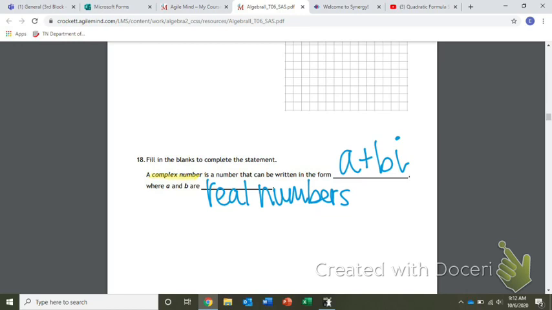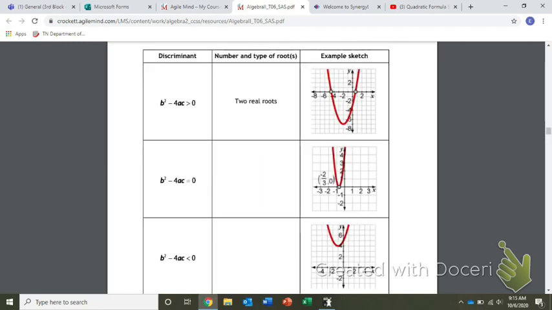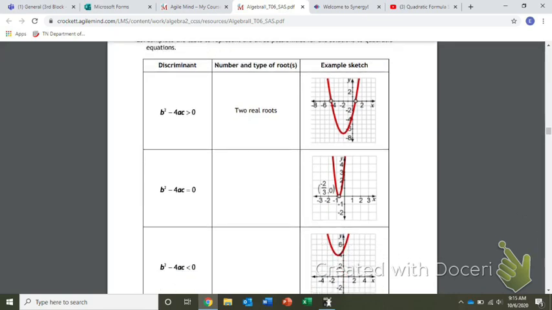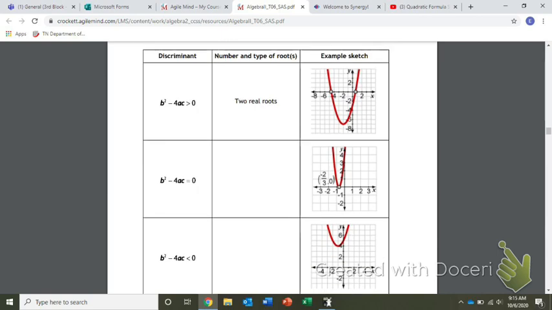You will have a quiz over this chart. This is called the discriminant. The discriminant is the thing that is under the square root in the quadratic formula.